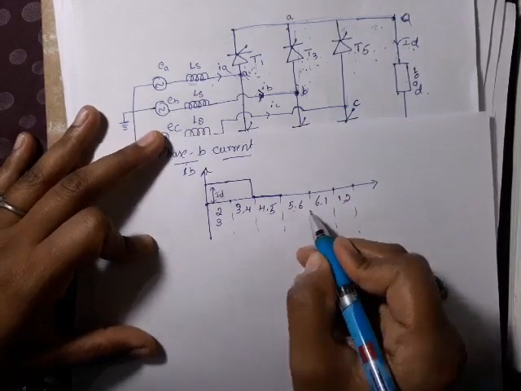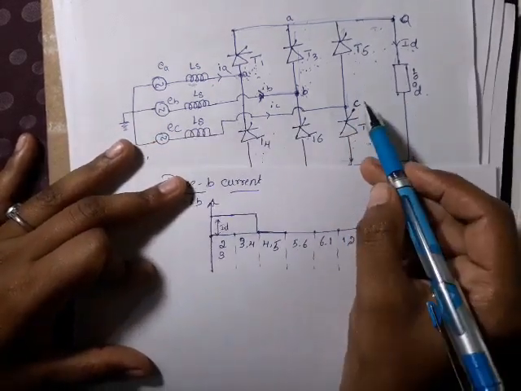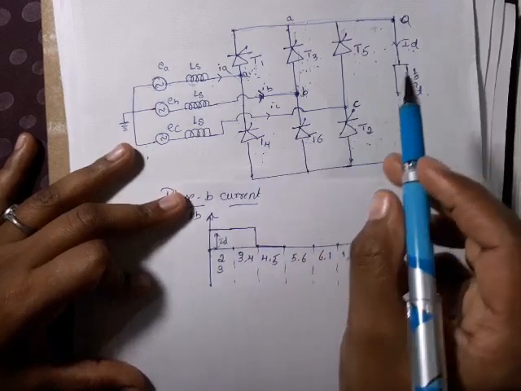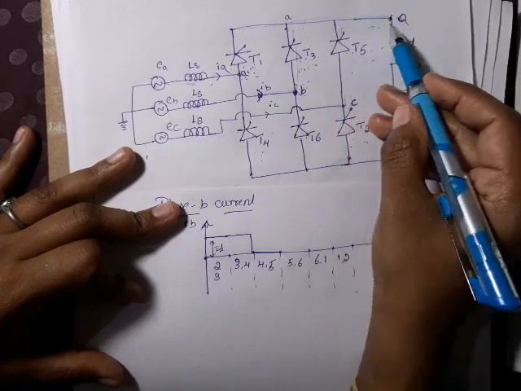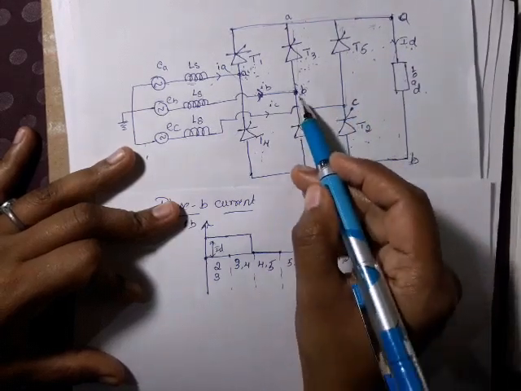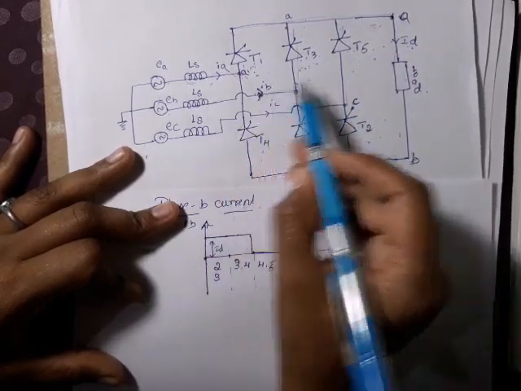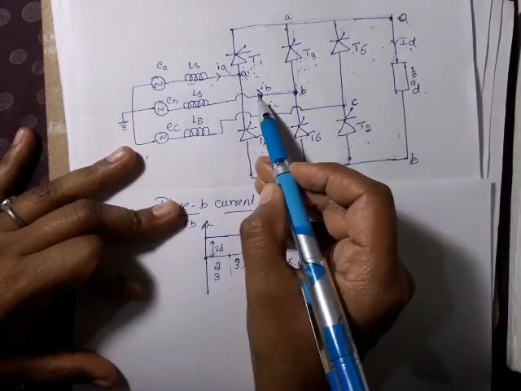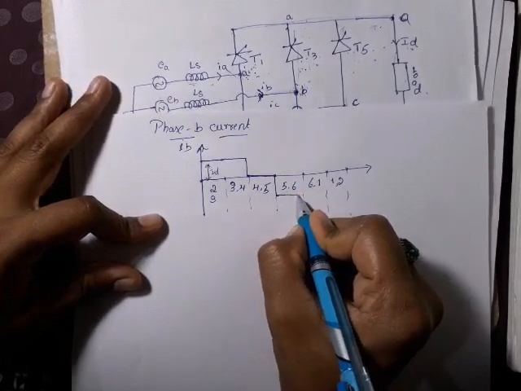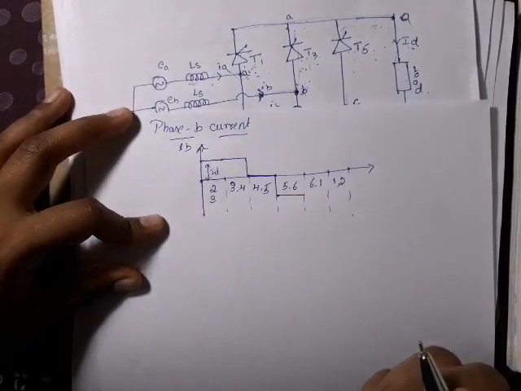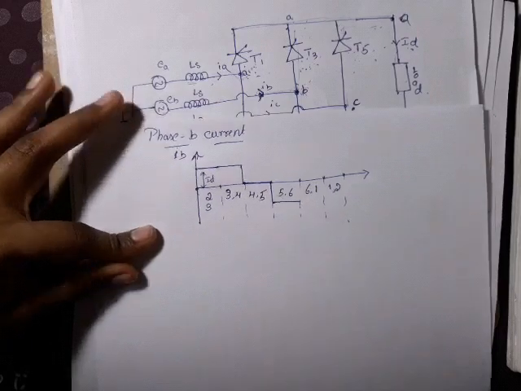Then when valves 5 and 6 are conducting, the current flows like this and comes back. Now see, the direction of IB is opposite to ID. I'll take it as minus ID. So this is plus ID, this is minus ID.